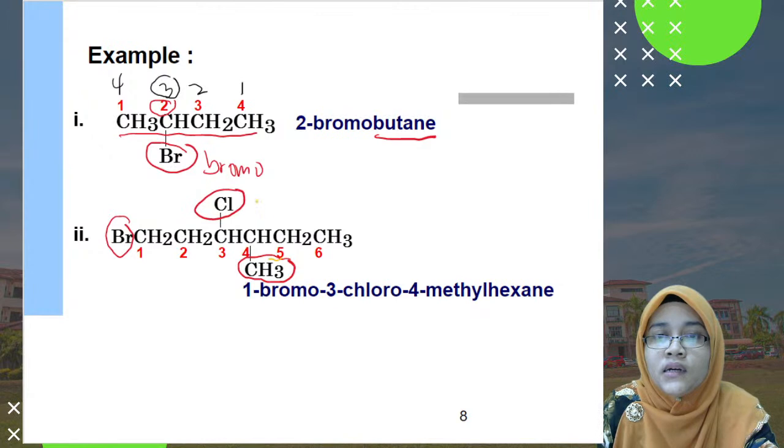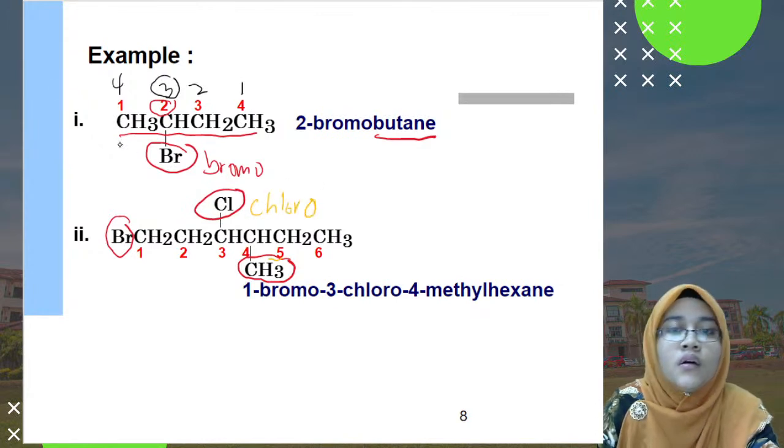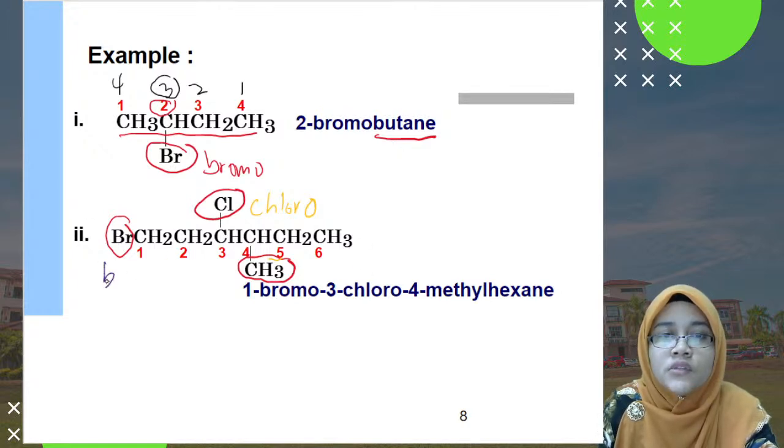So here is chloro, here is bromo, and we have methyl.